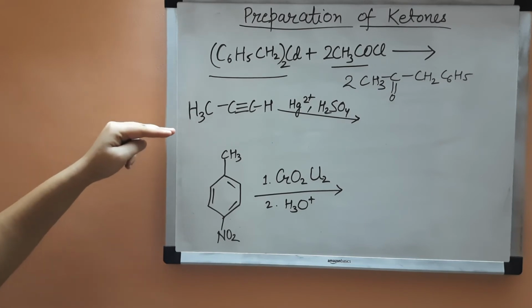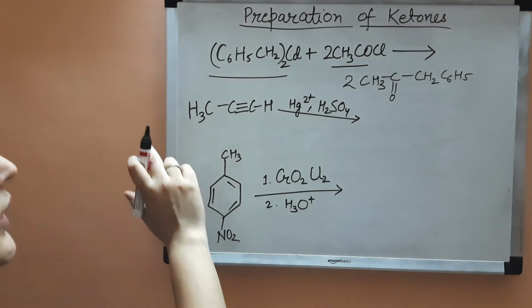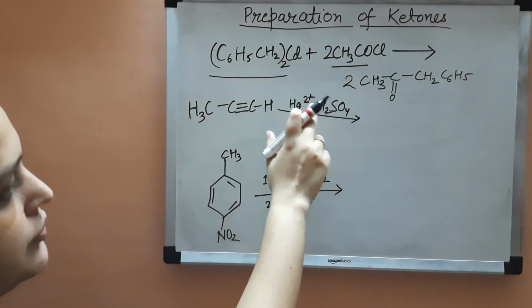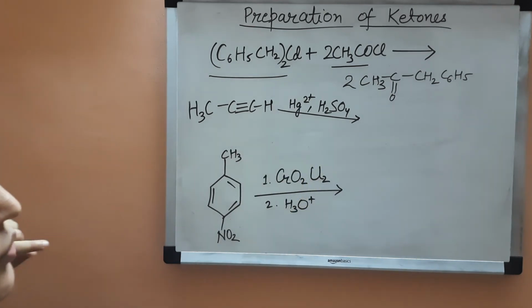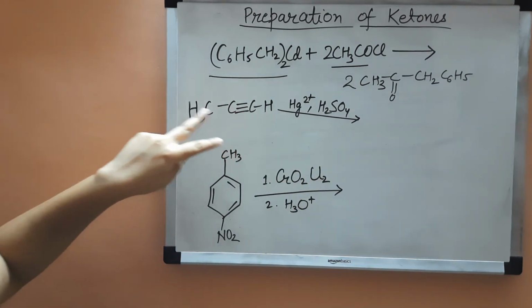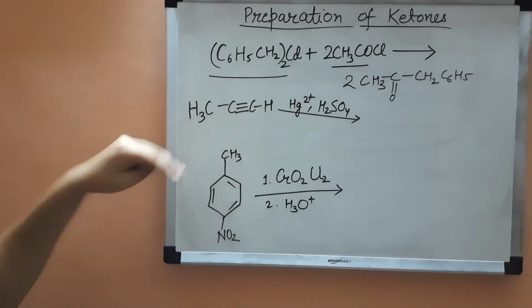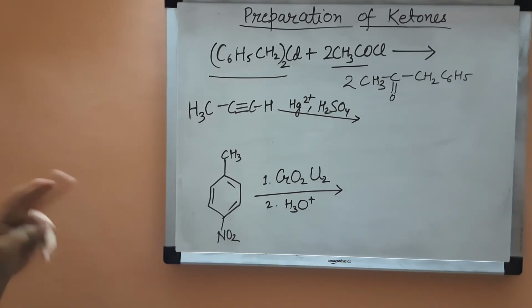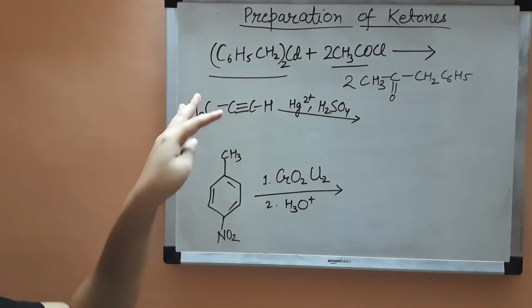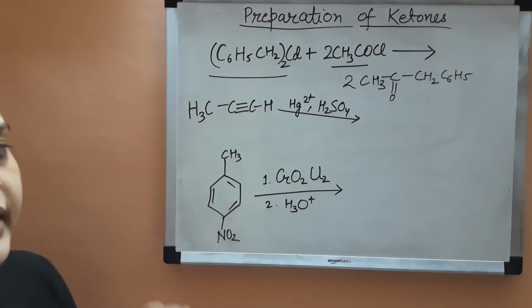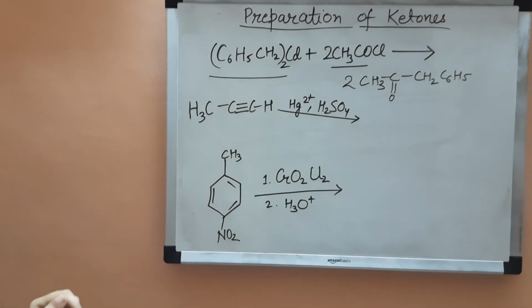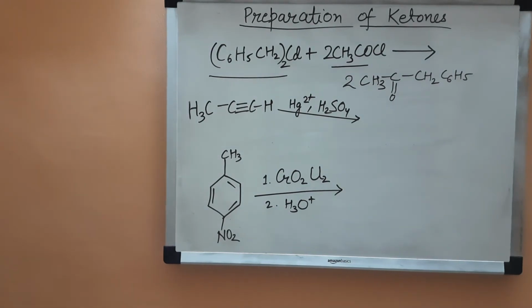Now the second reaction: you are adding H2SO4 in the presence of Hg2+ to the alkyne, and this is propyne. What will you get? We have already studied that when you add acid to the alkyne, that is, you are doing hydration, you will get ketone. But if you are using the alkyne ethyne, then you will get aldehyde.